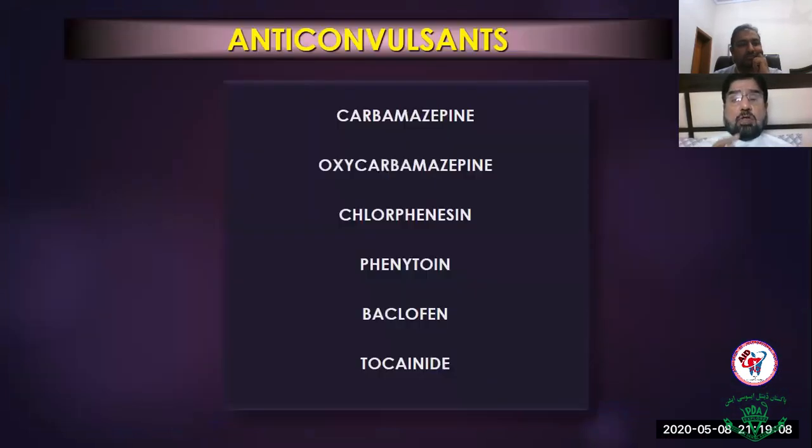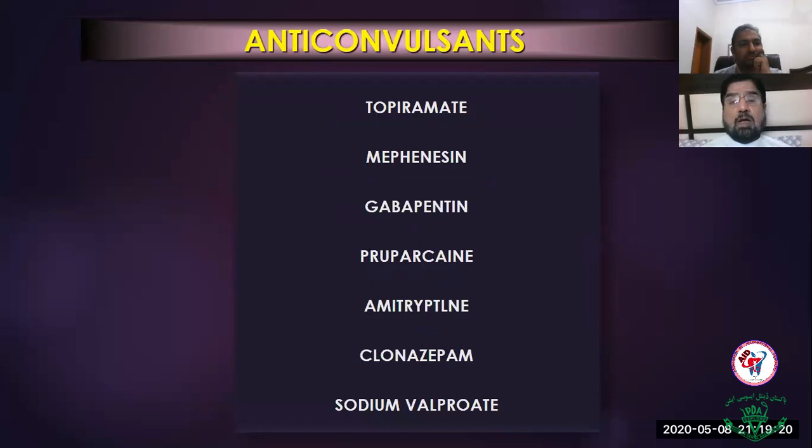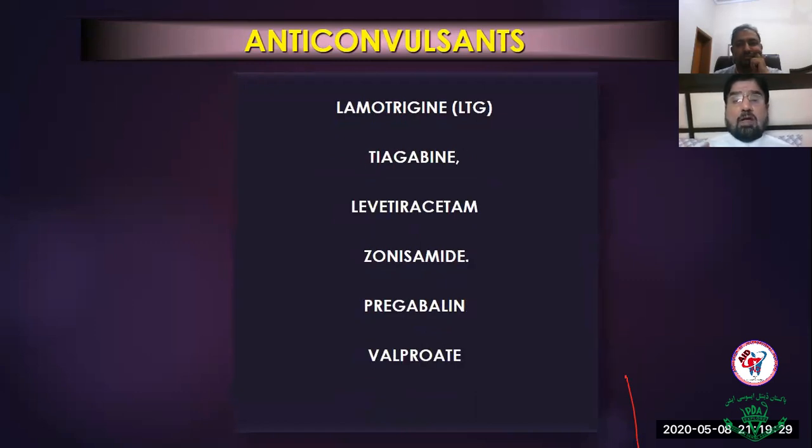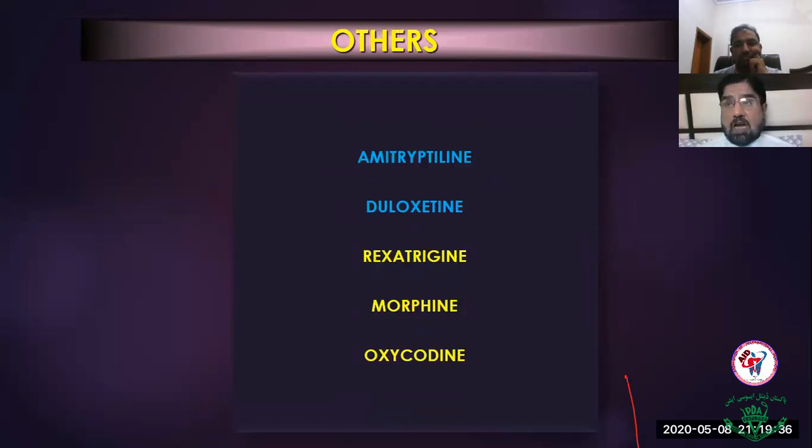And that is, you see, carbamazepine, oxcarbazepine, clonazepam, phenytoin, baclofen, tocainide. Then gabapentin and clonazepam and sodium valproate, then lamotrigine, and others which are not even anticonvulsants, they are also used.